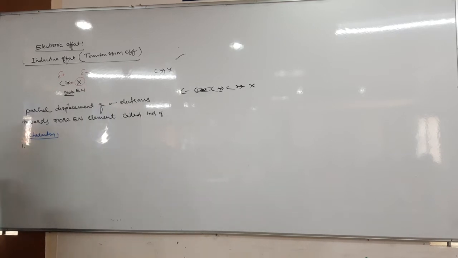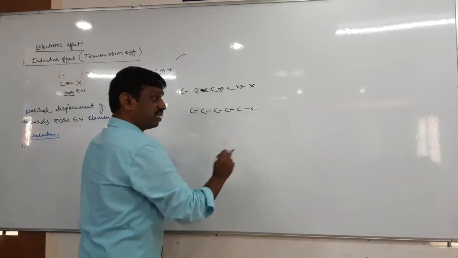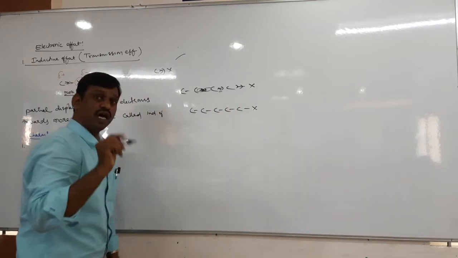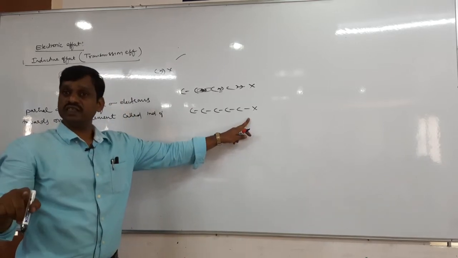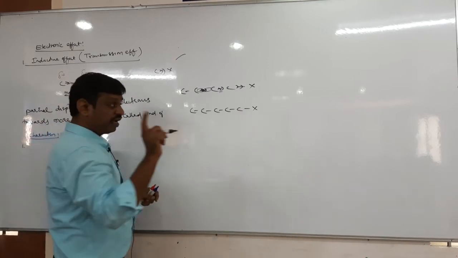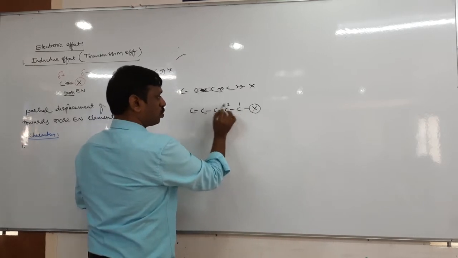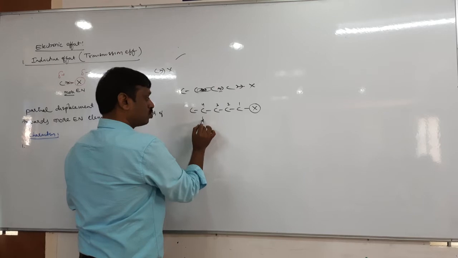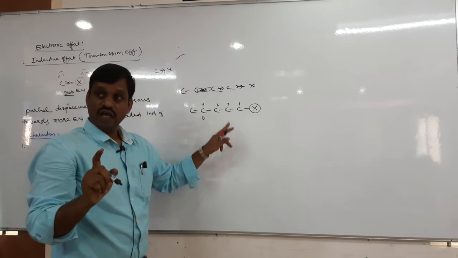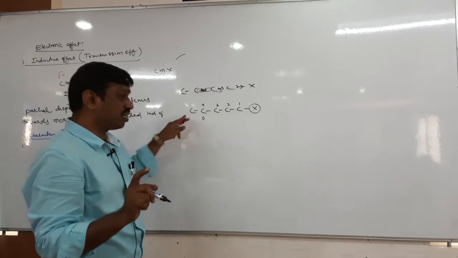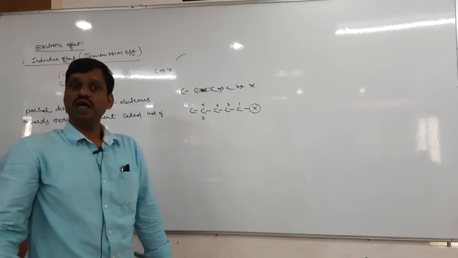And finally, inductive effect depends on the distance. As the distance along the carbon chain increases, the effect decreases. On the fourth carbon from the more electronegative element, 1, 2, 3, 4, it is almost 0.